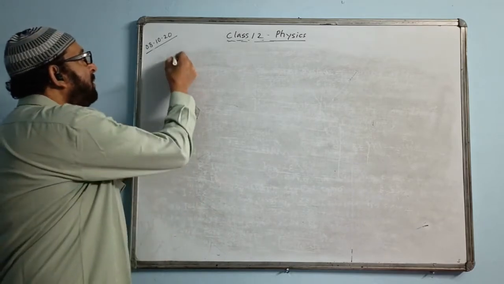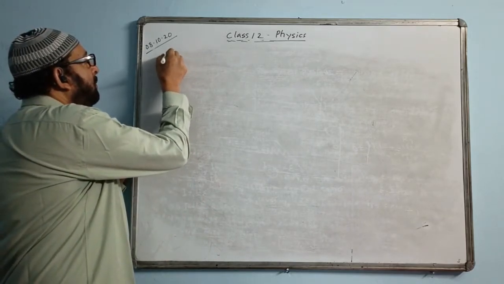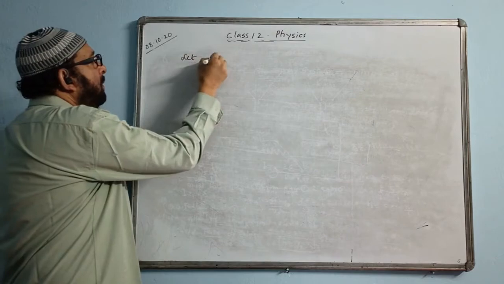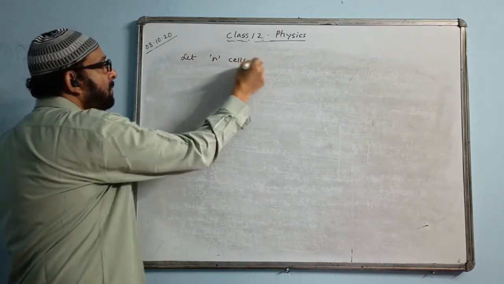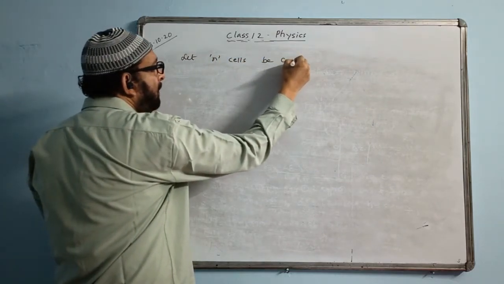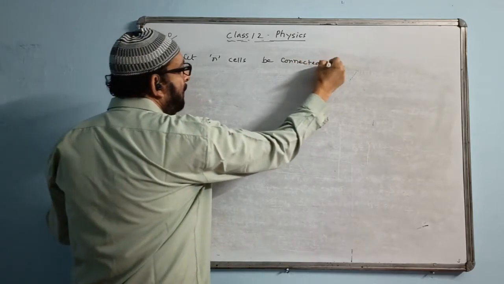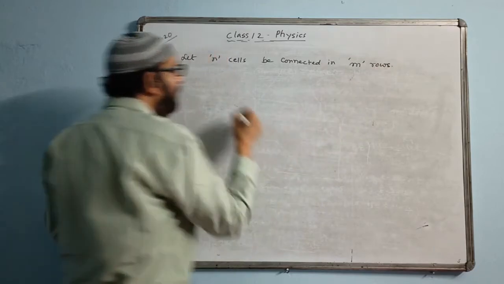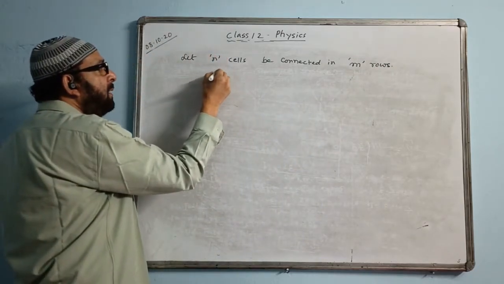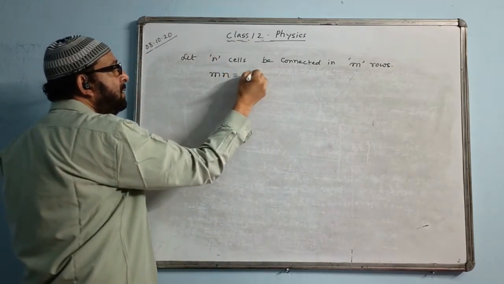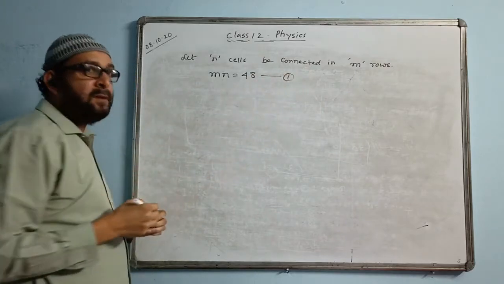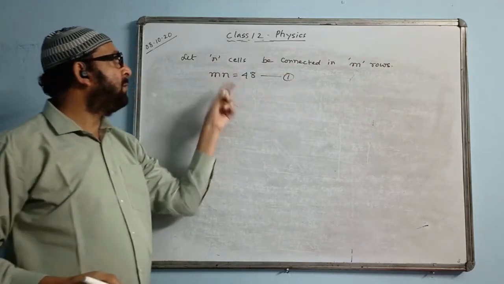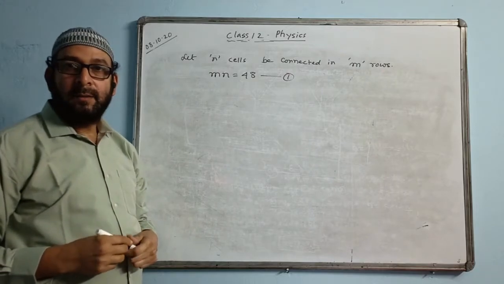Let n cells be connected in m rows. The total number of cells is 48. That means mn is 48. We can write this as equation number 1.